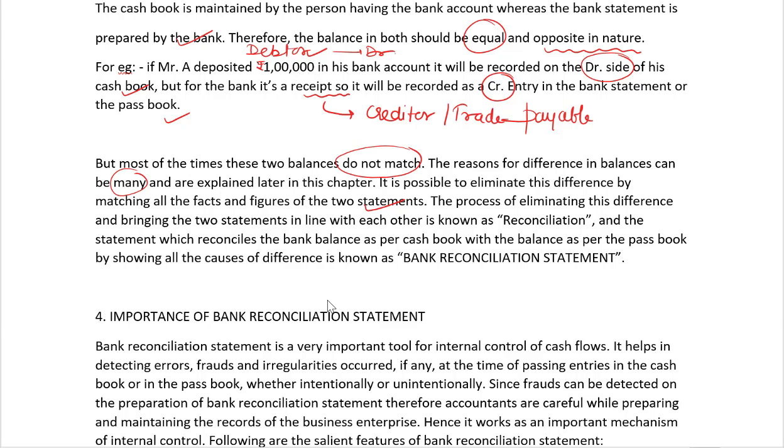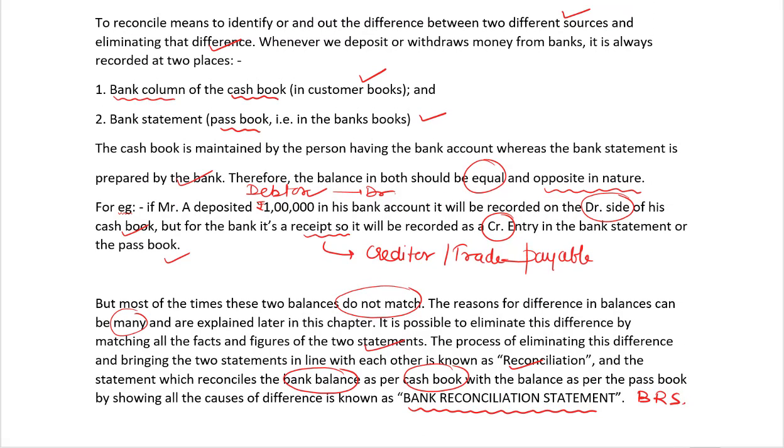The process of eliminating the difference and bringing the two statements in line with each other is known as reconciliation, and the statement which reconciles the bank balance and cash balance, that is the cash book and the passbook, is known as BRS, the bank reconciliation statement. I believe all of you understood the meaning of bank reconciliation statement.